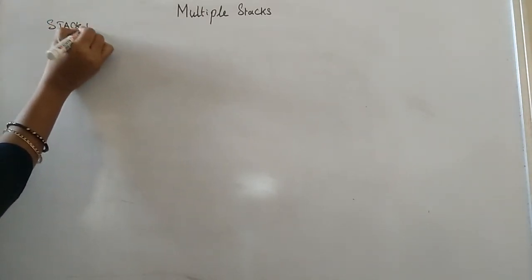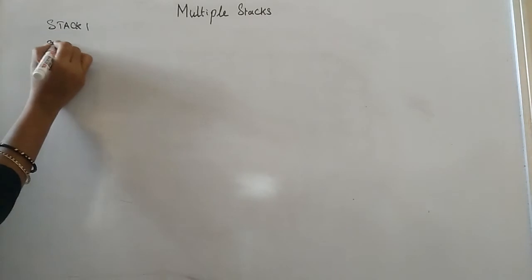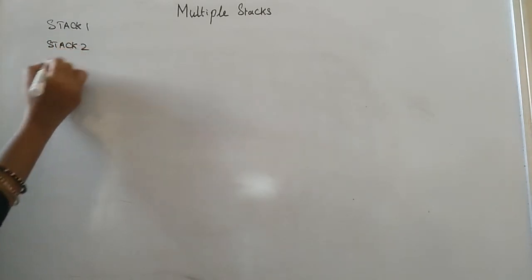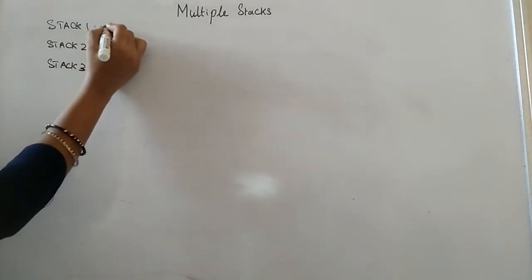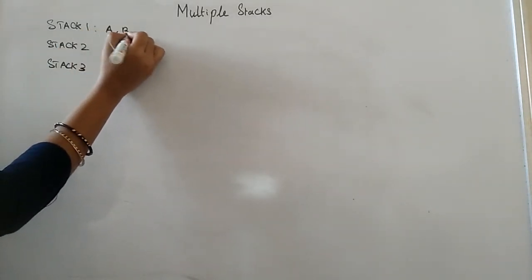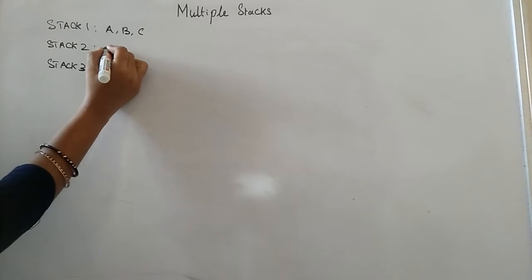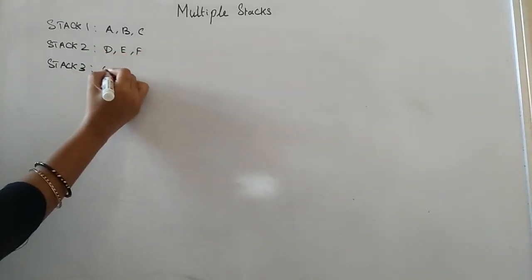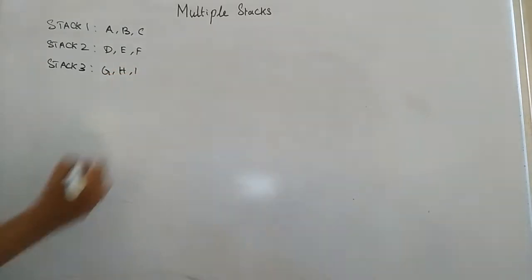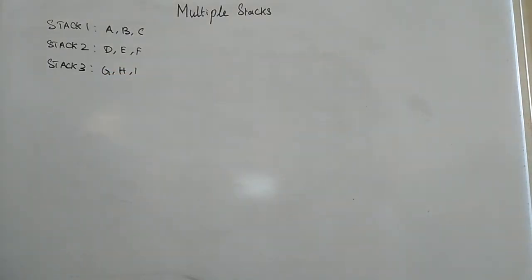I'm having stack 1, stack 2 and stack 3. In stack 1 I'm having the data A, B, C. In stack 2 I'm having D, E, F, and then I'm having G, H, I in stack 3.